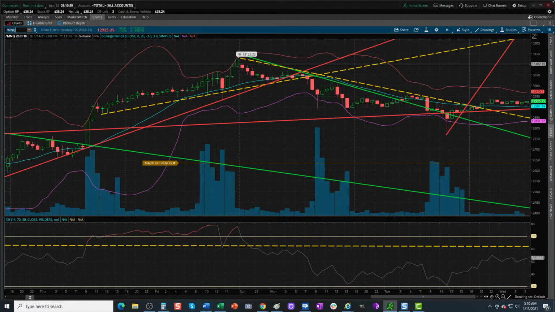But the real story with Amazon is not the daily chart. It's the weekly chart. And it is broken trend. We're going to go to that in a moment, so stick around. So Nasdaq, higher lows here. The Nasdaq 100, higher lows. Fairly good price action this morning.